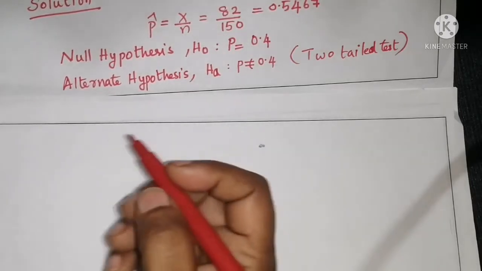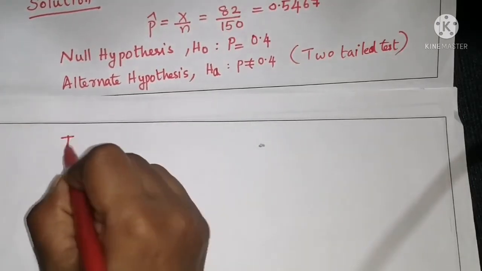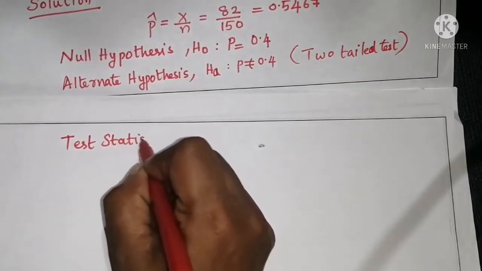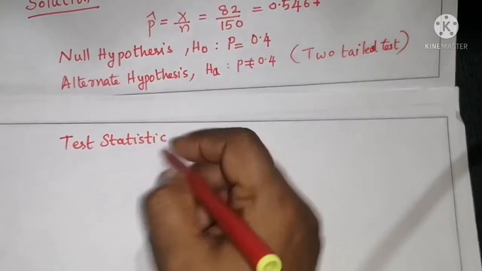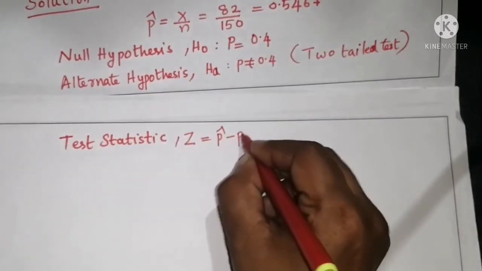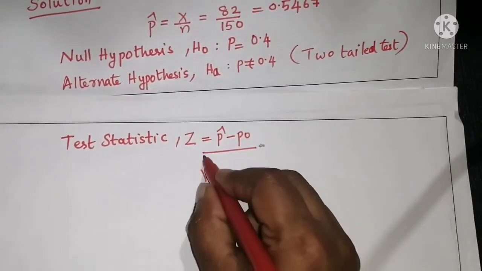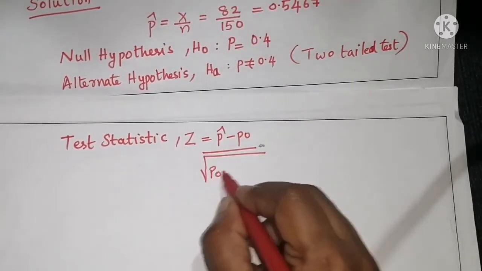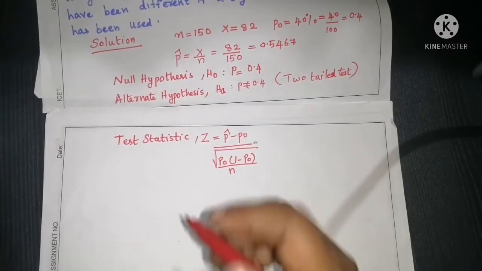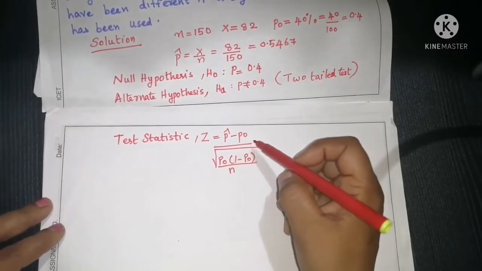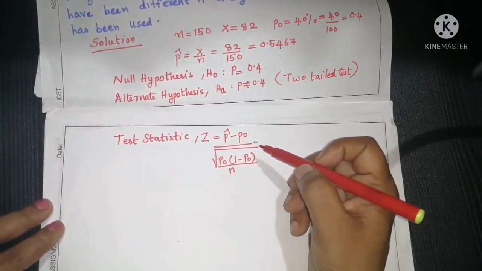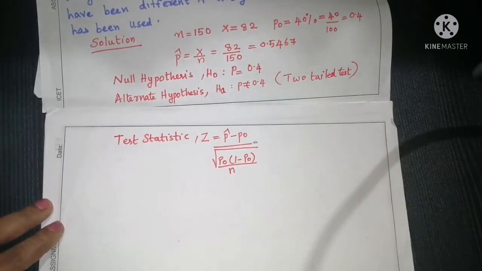Next, write down the test statistic. Test statistic Z equal to P cap minus P naught divided by square root of P naught into 1 minus P naught by n.